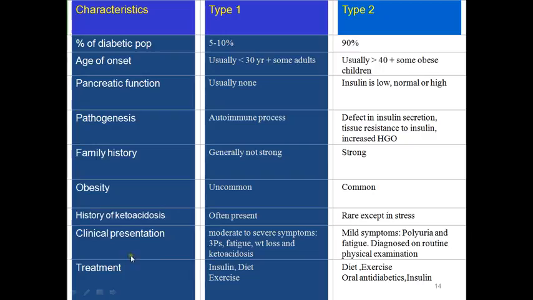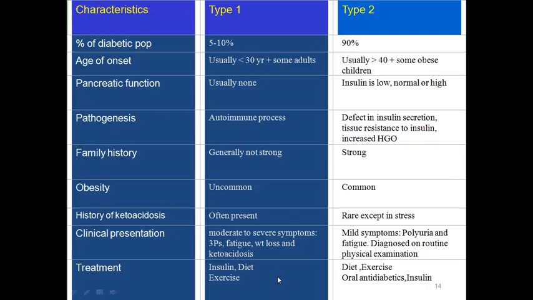Clinical presentation in type 1 is usually moderate to severe symptoms: polydipsia, polyuria, polyphagia, the 3 P's, fatigue, weight loss, and ketoacidosis. While in type 2, the symptoms are mild: polyuria and fatigue, and diagnosis is on routine physical examination.